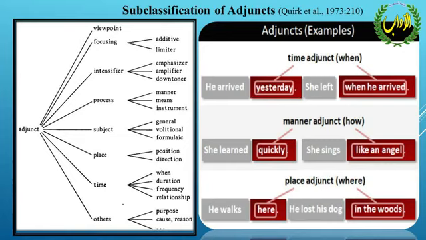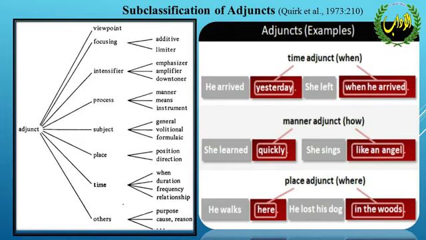Adjuncts are usually classified into viewpoint, focusing, which can also be subclassified into additive and limiter, intensifiers, which can also be subcategorized into emphasizers, amplifiers, downtoners, process, as in manner, means, and instrument, subject, which can also be divided into general and volitional, formulaic, and place, which could also be subcategorized into position and direction, time, which can also be divided into when, duration, frequency, and relationship, others, which can also be subcategorized into purpose, clause, reason.